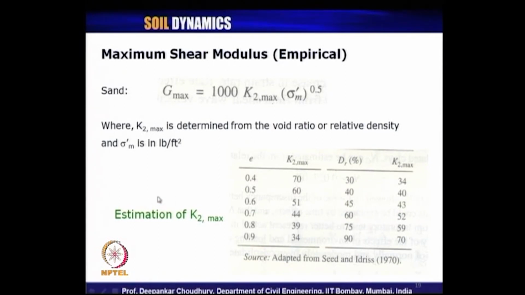For example, as given by Seed and Idris in 1970, for sand, the G max value can be computed using the empirical relation 1000 times K2 max times sigma m dash to the power 0.5, where K2 max is a function of void ratio or relative density of the sand, and sigma m dash is the effective vertical stress, expressed in pounds per feet square.